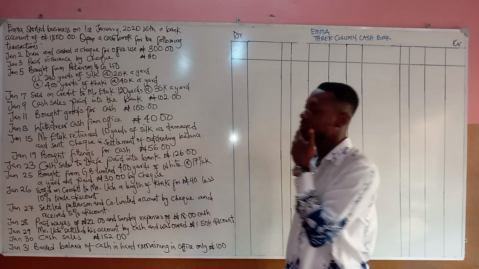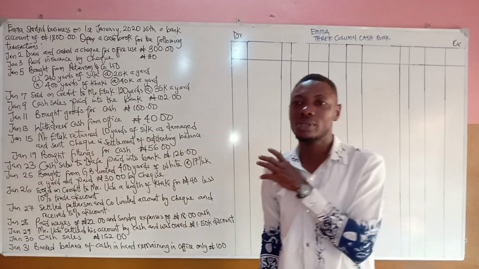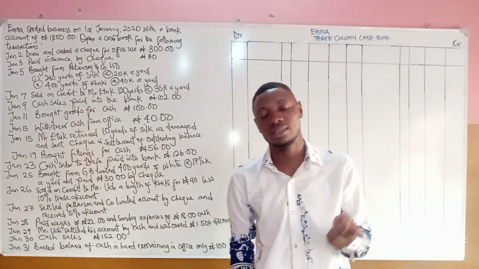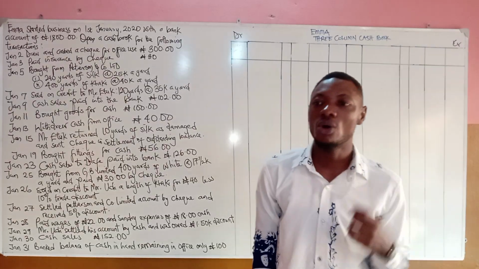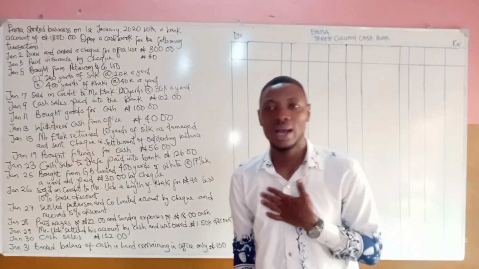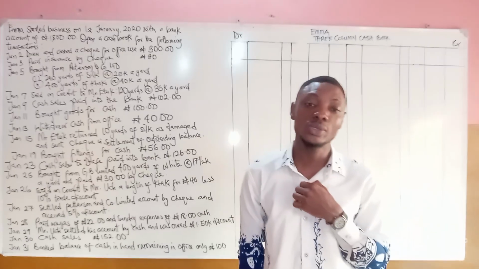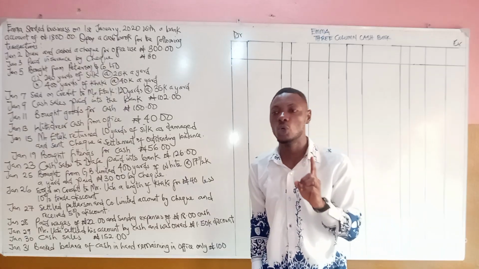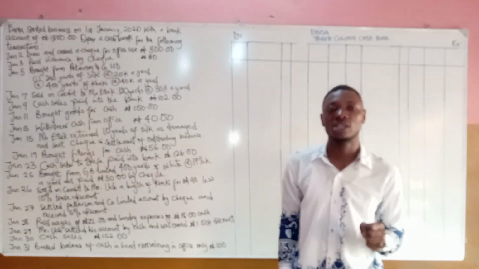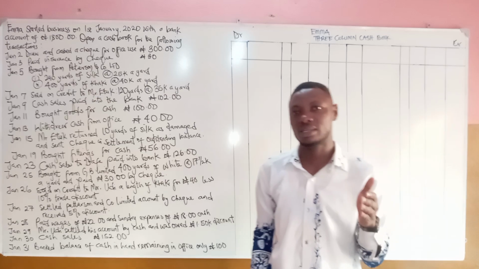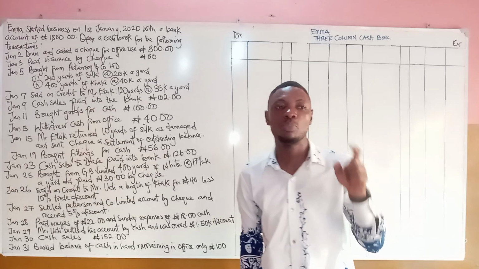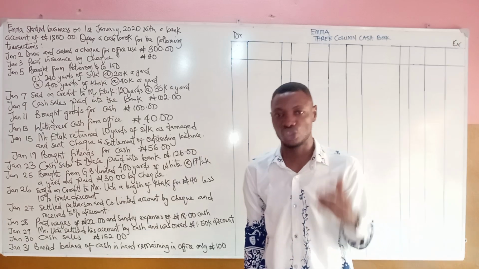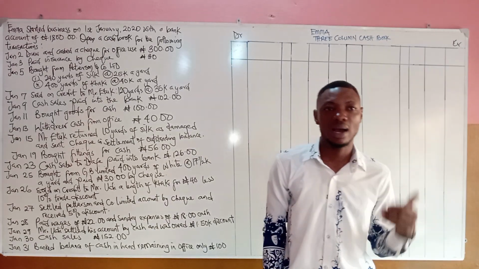Now, if you are given a transaction that just involves cash transactions, meaning that every one of your customers paid for their goods and services in cash, or you bought goods as a retailer from your suppliers or wholesalers and you paid in cash, just know that you are opening a single column cash book, because a single column cash book caters for only transactions that were paid for immediately services were rendered or goods were exchanged between the retailer and the consumer.